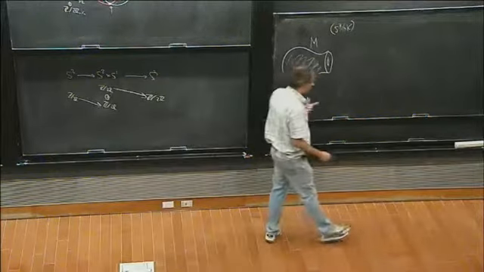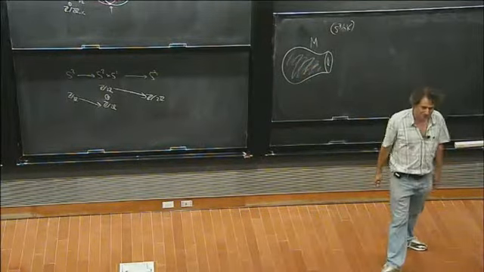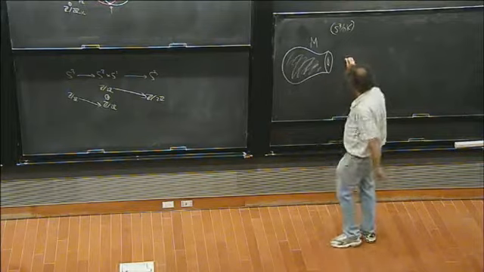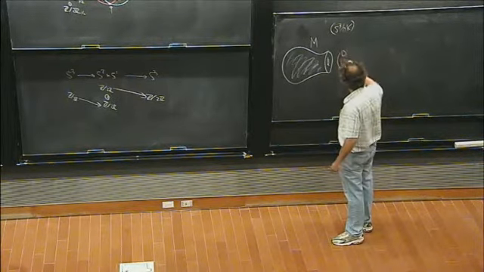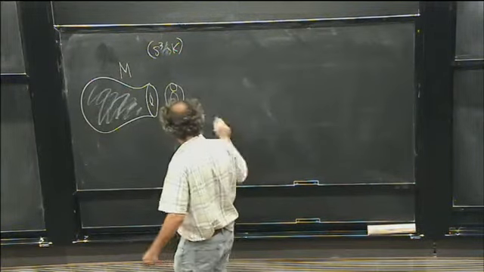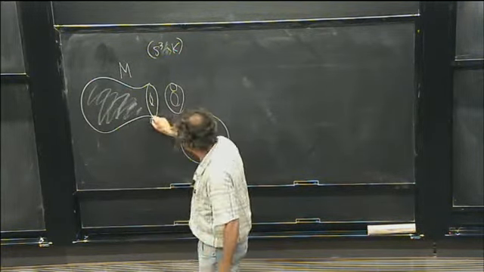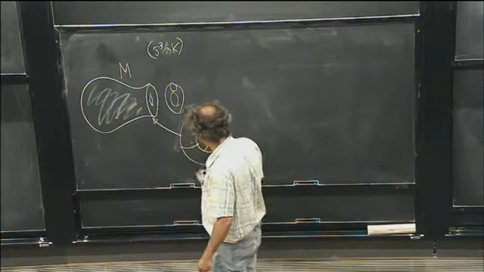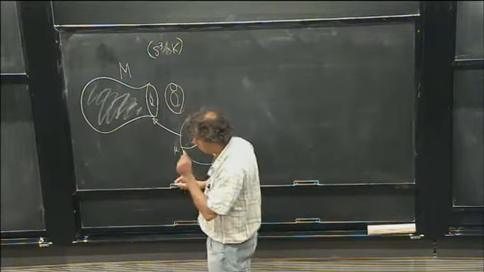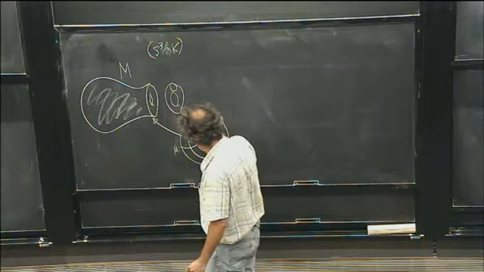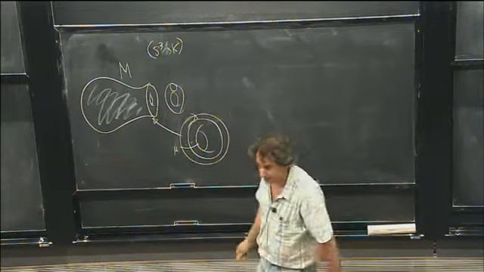Then there are a bunch of naturally associated three-manifolds you could write down, but I want to consider three of them. So I'm going to get them by attaching a solid torus. And how do I attach a solid torus? Well, I've got a torus boundary of my M, and that comes with, I'm going to fix, a meridian and a longitude, which are two curves that intersect in a single point.